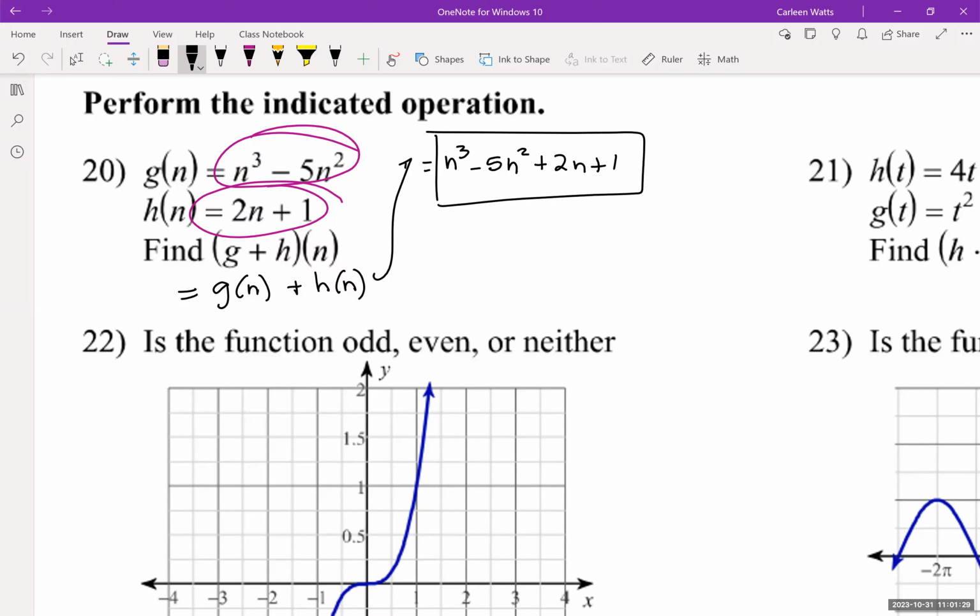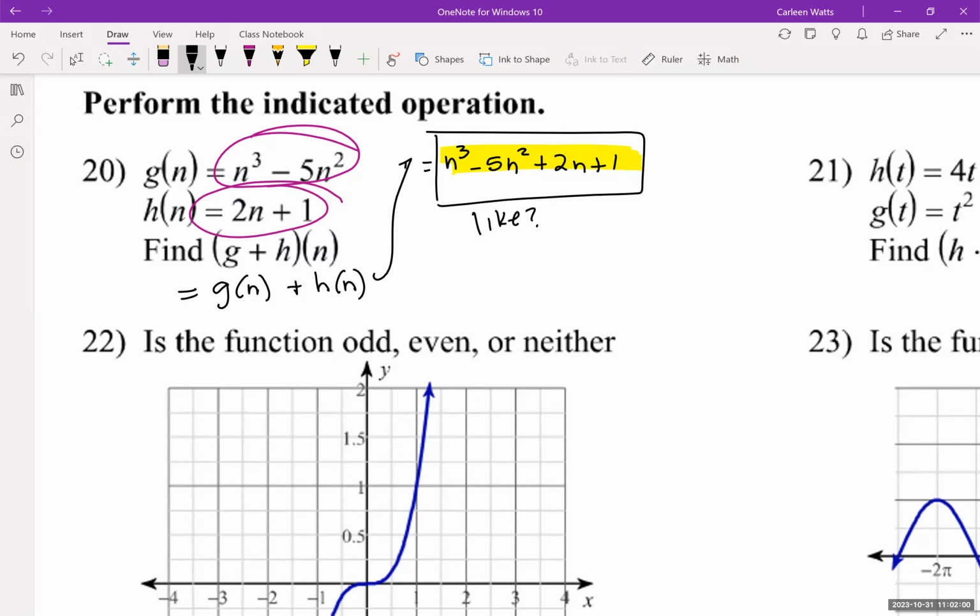Easy peasy. I have a question. Do I add them? Do I actually combine them into one term? Yes or no? Yeah, Zoomers? Do I actually combine them into one term? So the question is, are they like terms?